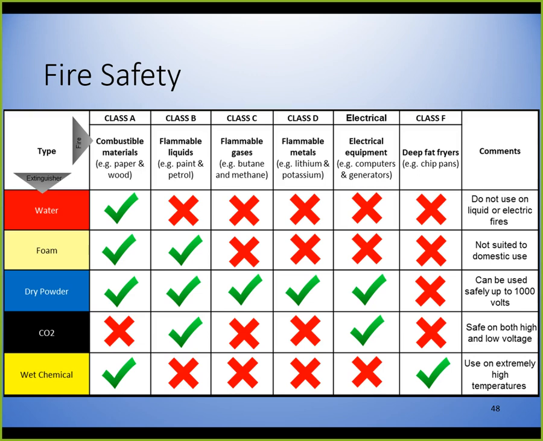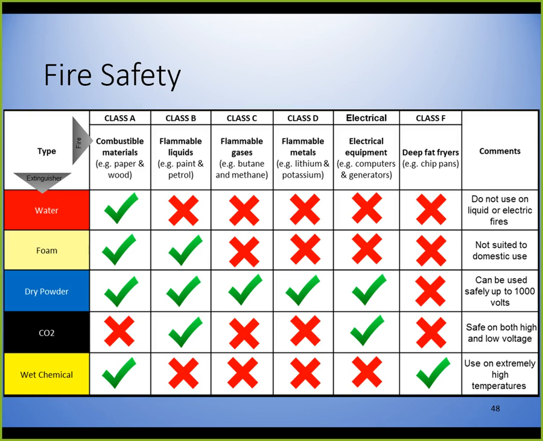A Class B, flammable liquids, usually petroleum products, paint, petroleum, going to be a black smoke. Foam, dry powder, CO2 can be used on those. And typically foam, dry powder, purple K powder, and foam to smother it was our preferred method for fighting those types of fires.